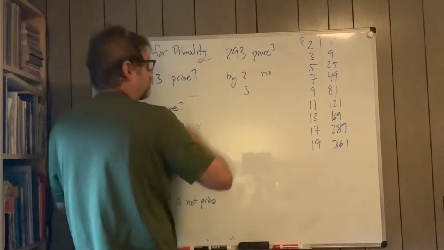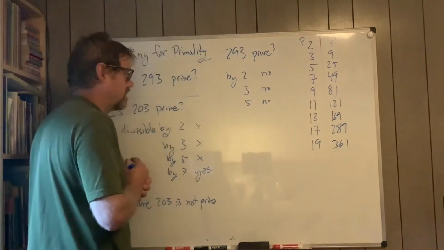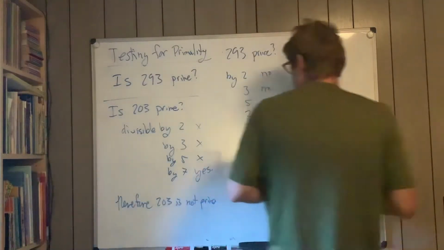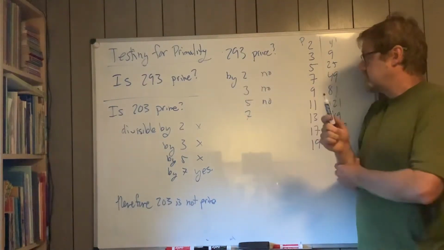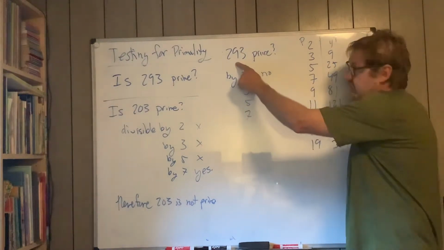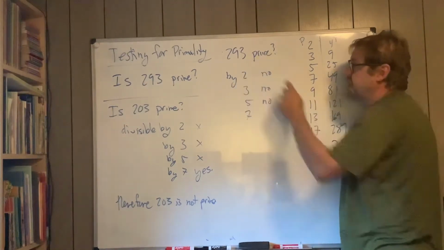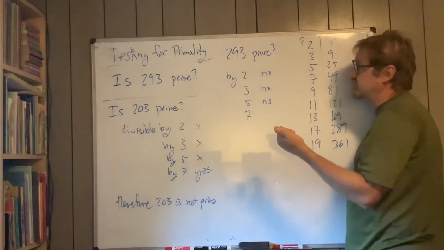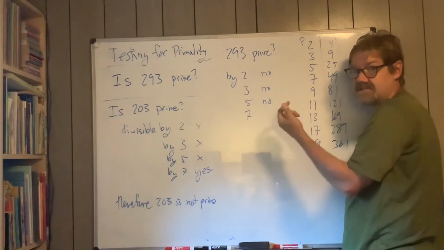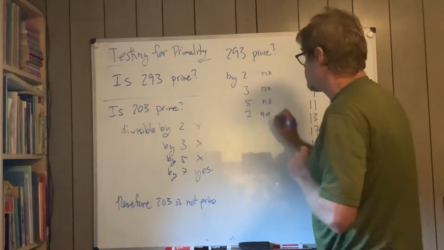Well, there's 12, 14, so that's a no. By 5, no. By 7, I'm going to try the divisibility again to see if we can do that. So I know that 280, which is pretty close to that, is divisible by 7. So that's my known fact. The difference is 13. 13 is not divisible by 7. So that's not divisible by 7. So no.